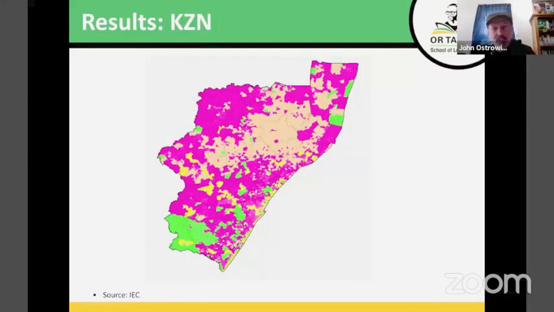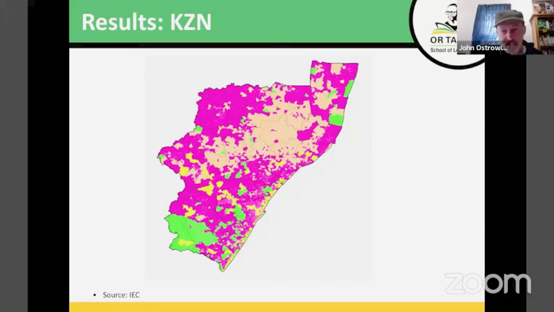Right, so now let's look at KZN in a bit more detail. So here we've got magenta, which is the dark pink, and that is MK. And then light pink is the IFP. And then if you look at this map, you'll see that where there is yellow, that's roughly where there's white-dominated cities. And where there is green, it's ANC.